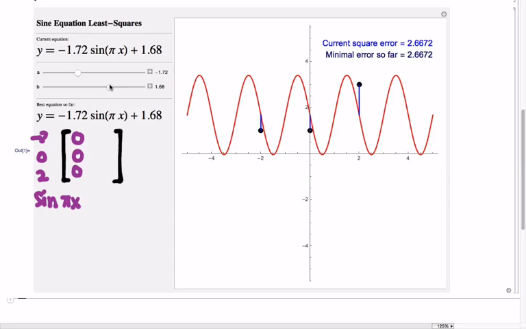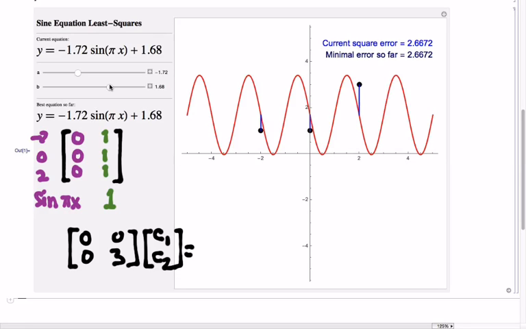And the evaluations of our other basis function, which is the constant function 1, is, again, 1 at every x value. And so this was the F matrix that they ended up with, so that when they did F transpose F, they got a matrix which did not have an inverse, 0, 0, 0, 3. So their system that they ended up needing to solve looked like this. C1, C2 equals, and I think it was 0, 5 on the other side.